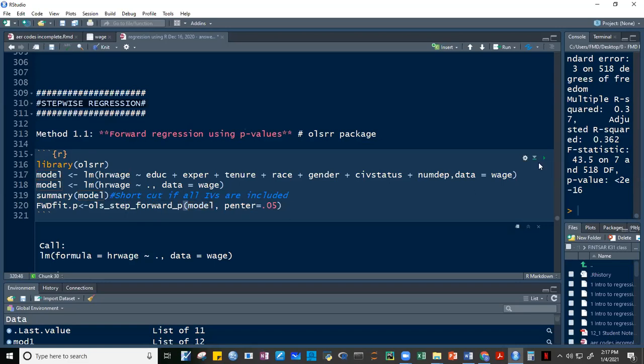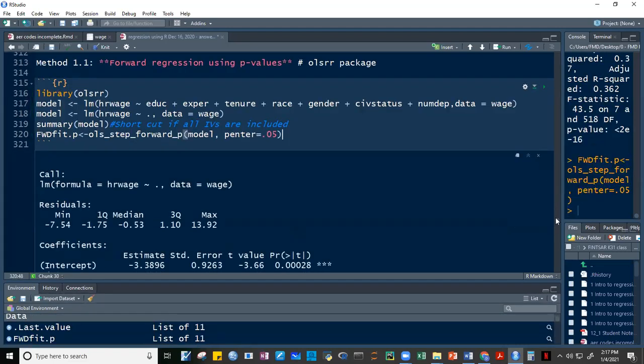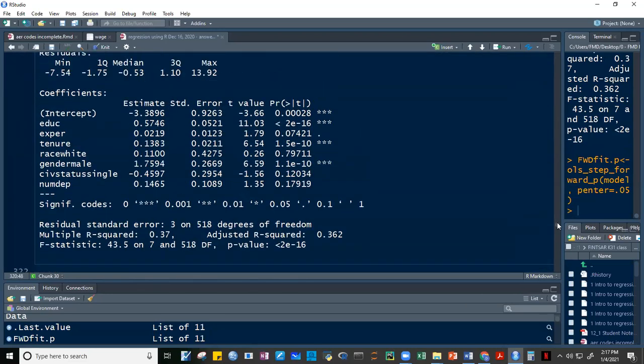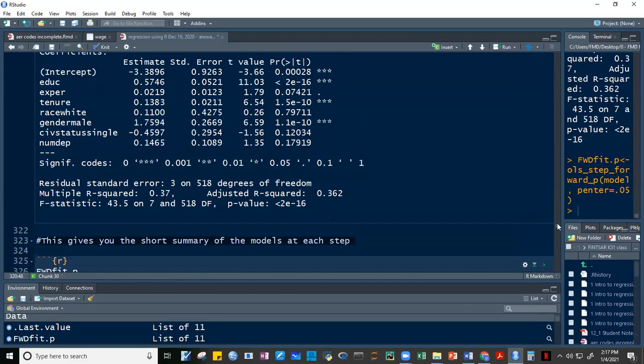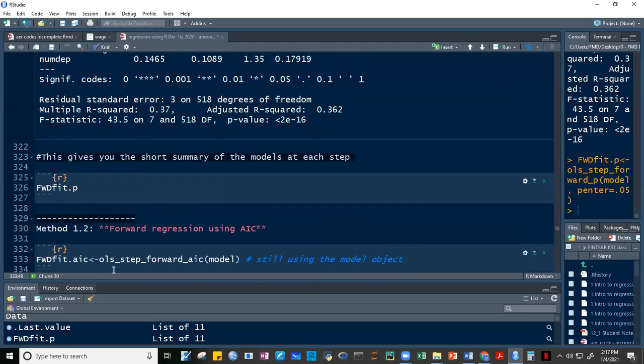This is our level of significance. Enter. All right. So we have this. Right? I-run natin yung forward.p.